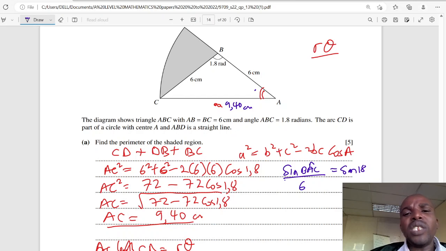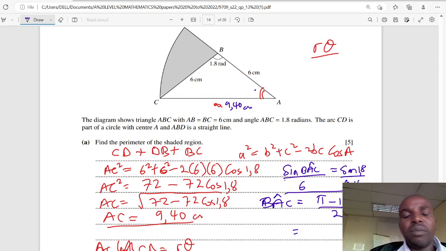But no, let's just use that this one is an isosceles triangle. What, 6 and 6? It's isosceles. So just say BAC is equal to 180, which is pi, minus 1.8. Then your answer is divided by 2.